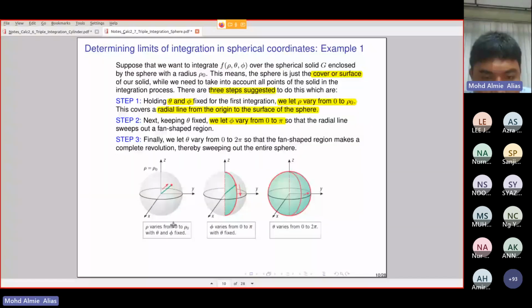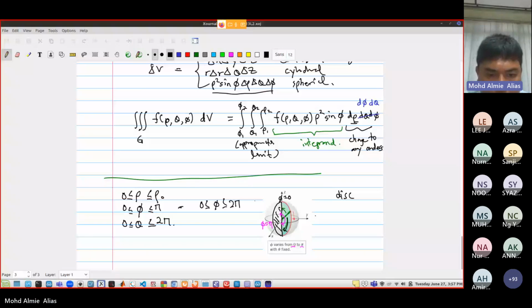Hang on. So let's say you want to do something slightly different. Of course, you take rho from 0 to rho 0, but now your theta is something like this. You have a full disk, not only this part, but also the other part.